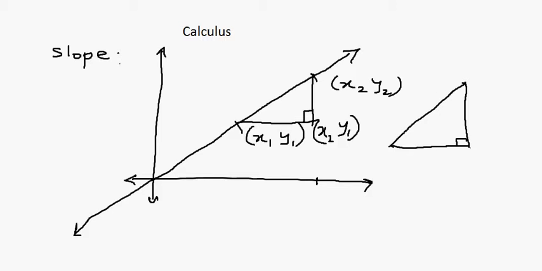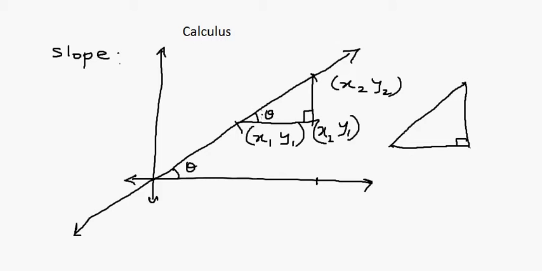You may be seeing that we are making a certain angle over here, and that angle is the same as the angle this line makes with the x-axis, because these two lines are parallel.